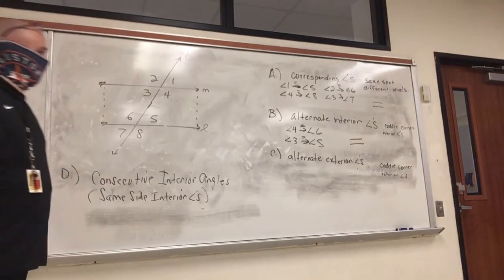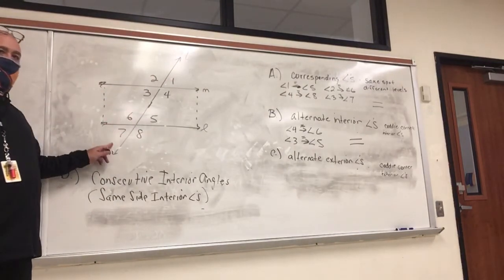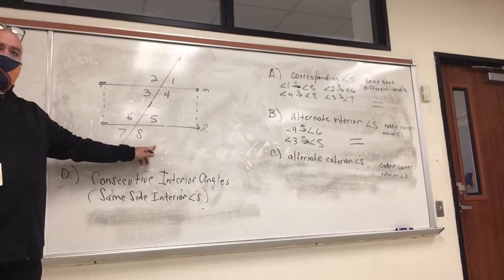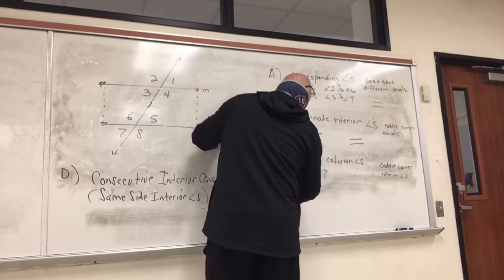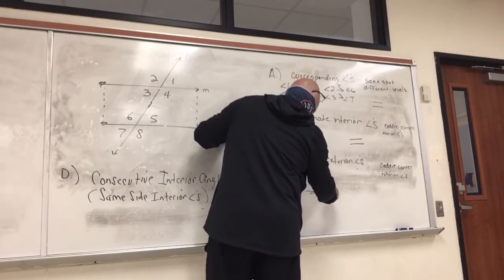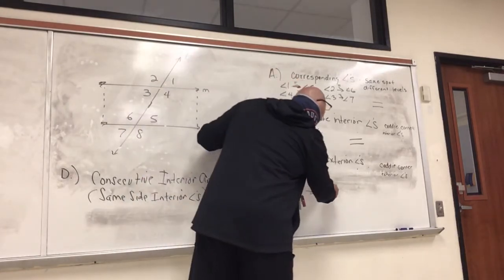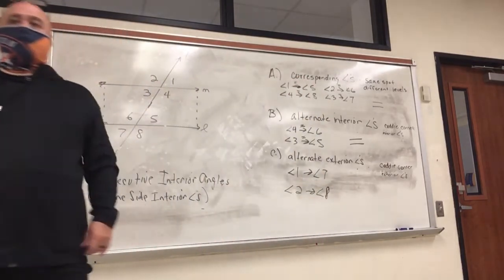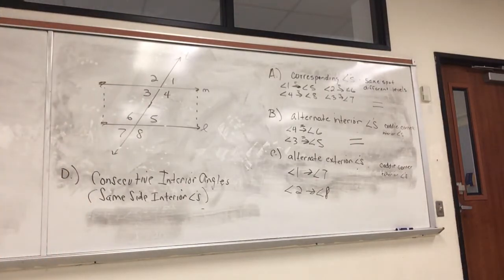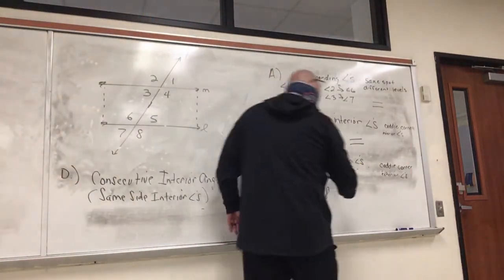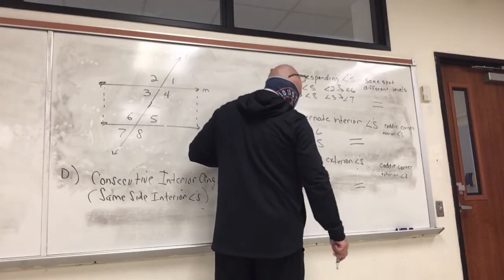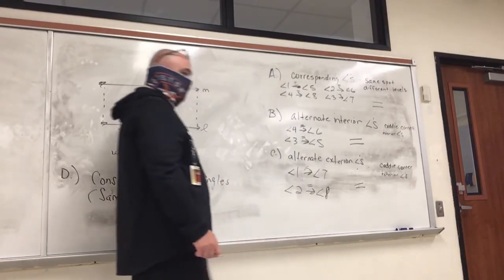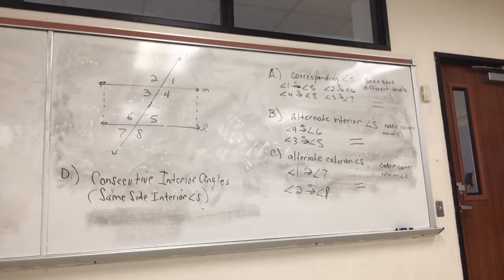So with angle 1 and angle 7, angle 2 and angle 8. And the great thing about those is that they are equal also. So you got 3 sets right here that are equal to each other. So I can say angle 1 is equal to angle 7, and angle 2 is equal to angle 8.